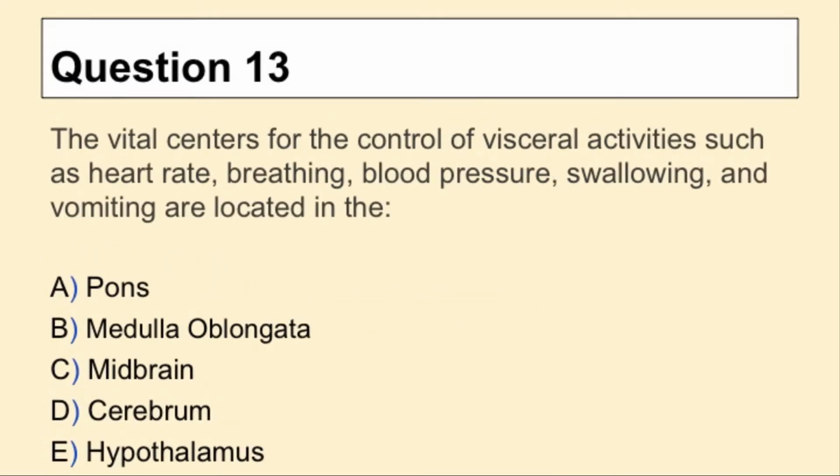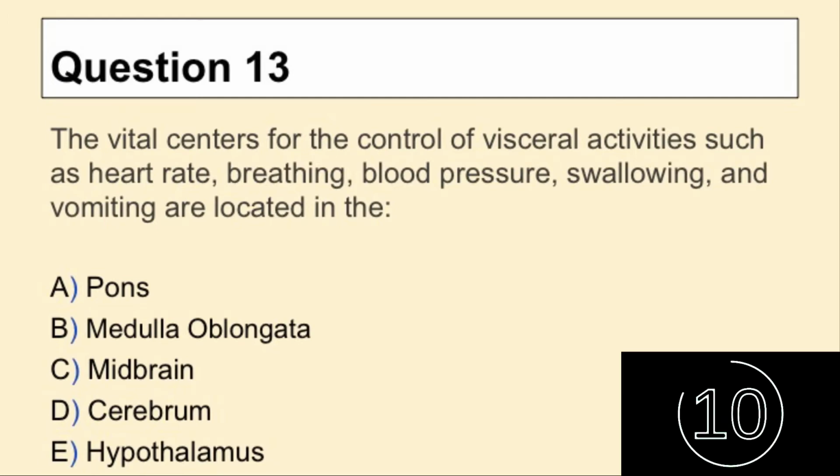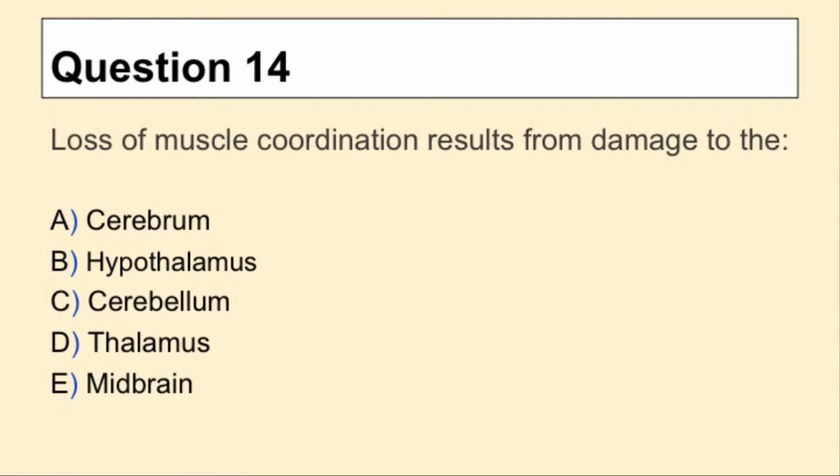Question 13. The vital centers for the control of visual activities such as heart rate, breathing, blood pressure, swallowing, and vomiting are located in the. Question 14.